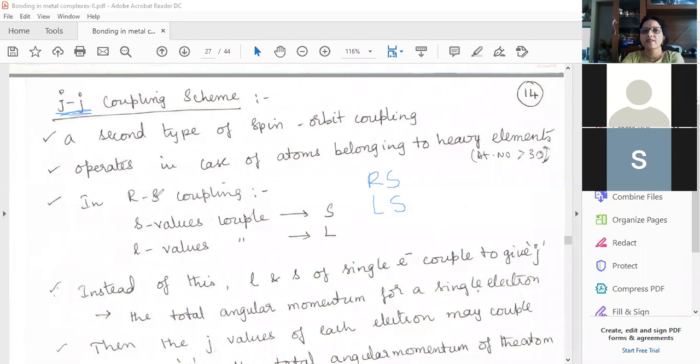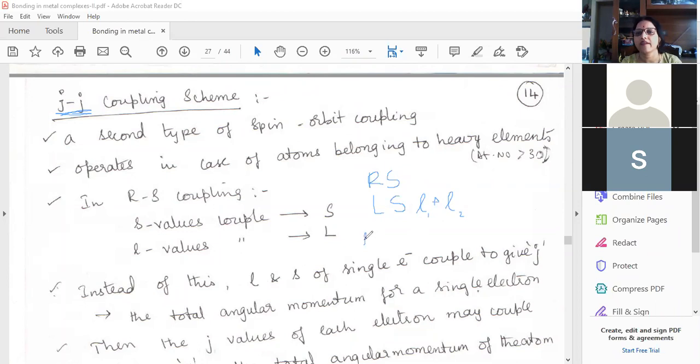Whenever we write small letters, it is for a single electron, and whenever we write capital letters, it is for the overall number of electrons. So when I write small j, I am talking about the j value for a single electron. Instead of coupling l1 plus l2 and so on, what can I do if I have more electrons?